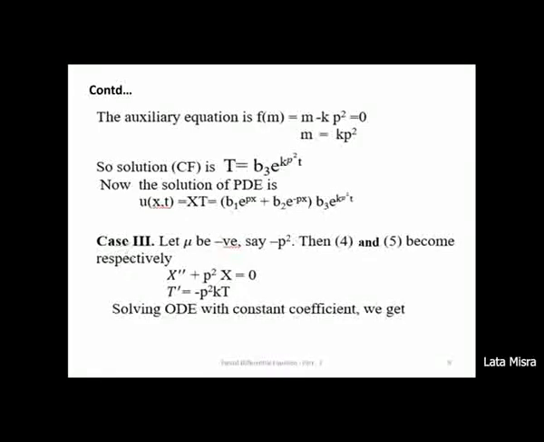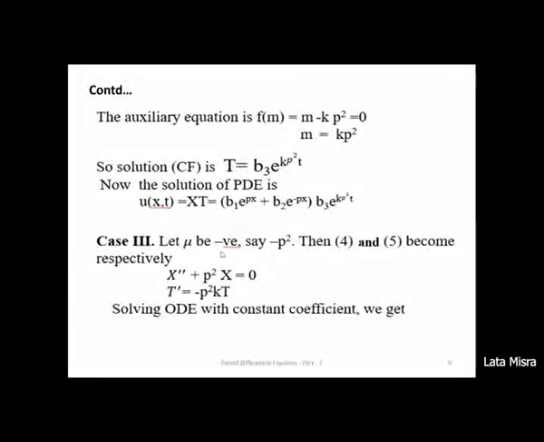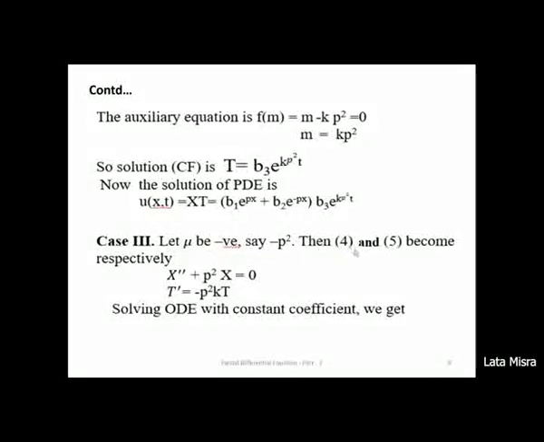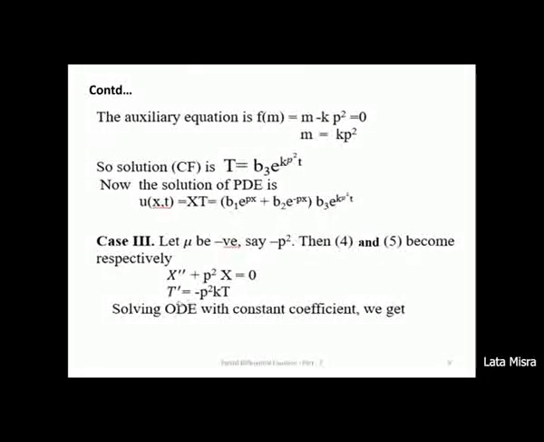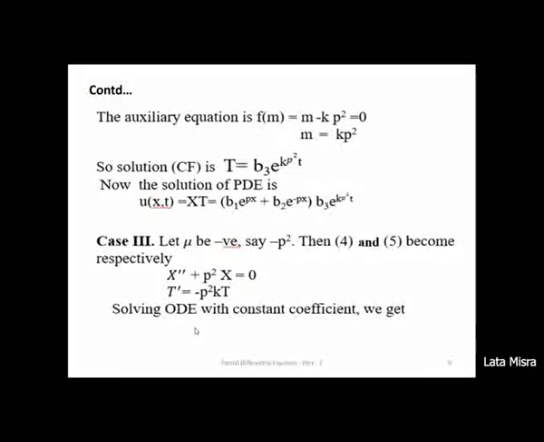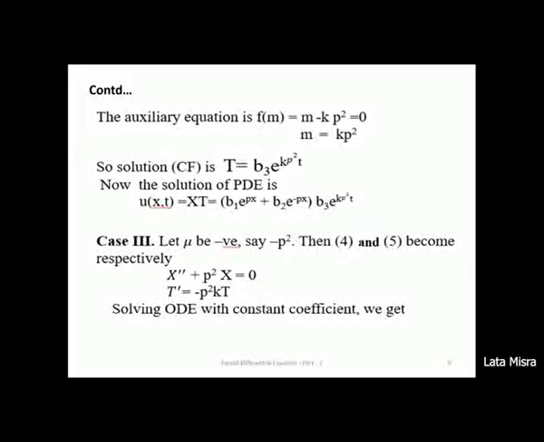Now in case three, we consider mu negative, that is minus p². So when we put mu equal to minus p², we have two equations, X double dash plus p²X equals 0, and T dash equals minus p²kT, where X double dash means d²X/dx² and T dash is dT/dt.